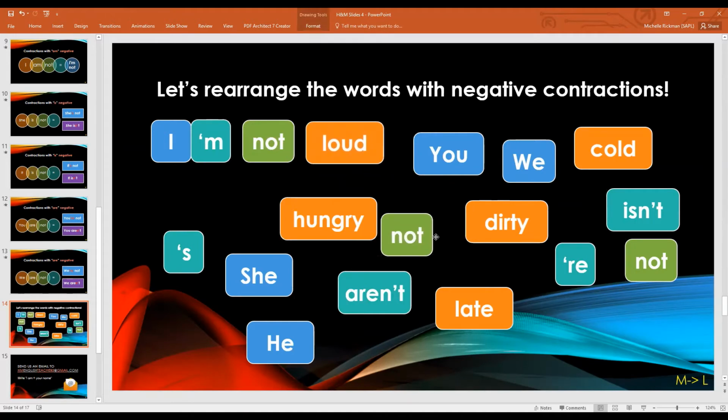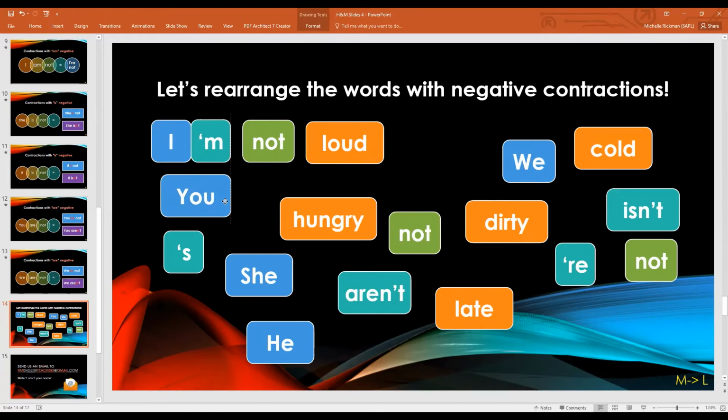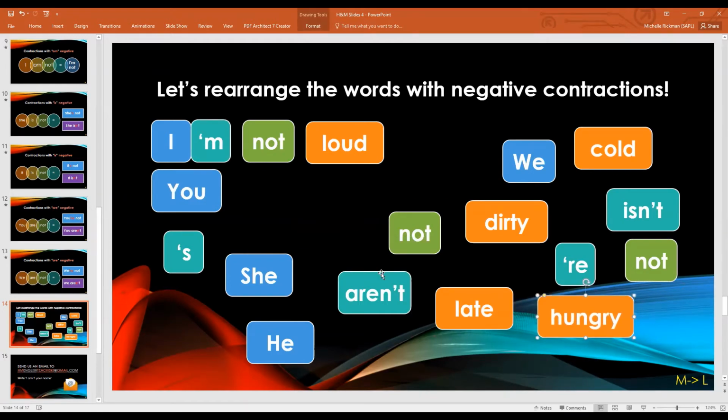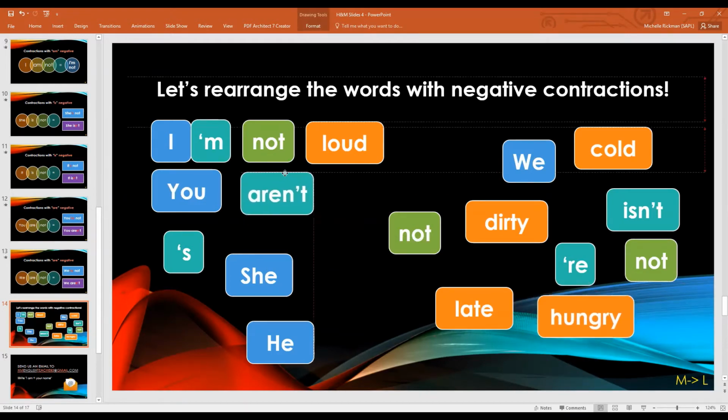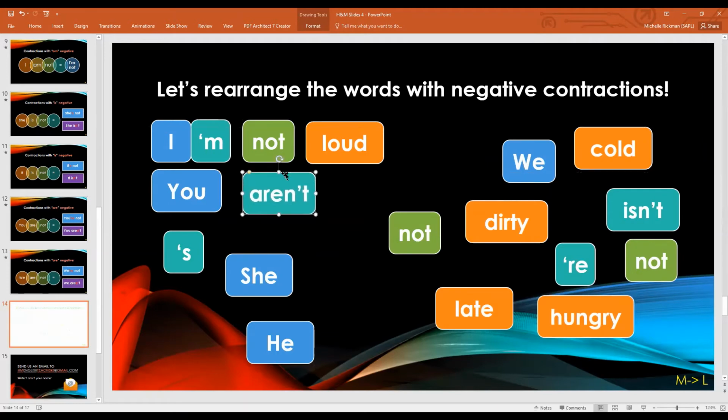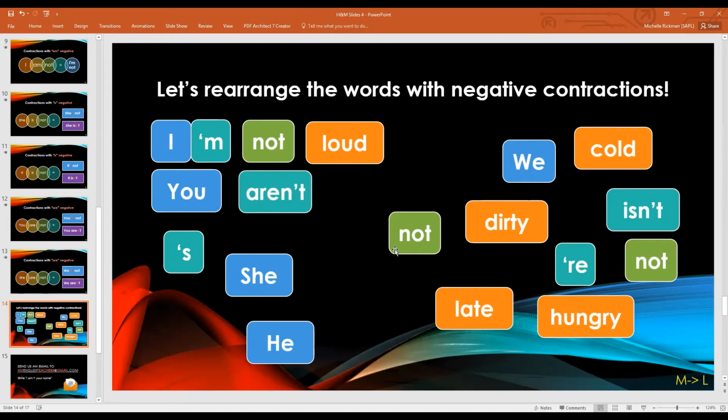Great. Let's go with you. So the pronoun is you. What would our verb be? Let's do aren't. Yeah. Are not. Good. So this one we contracted the verb. You aren't. And what adjective will you choose here? Hungry.